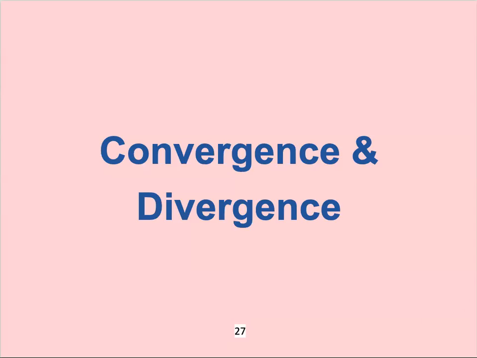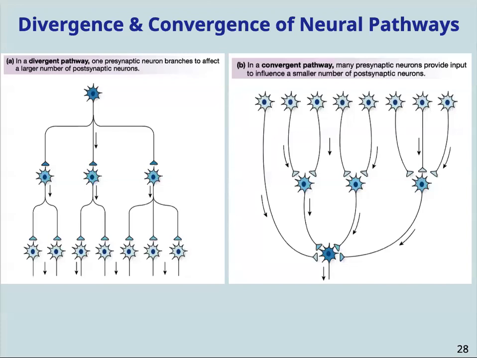Now, convergence and divergence. This isn't a new concept. As we've already seen, communication between neurons is not always a one-to-one event. Instead, we see the axon of a presynaptic neuron branching and its collaterals, or its branches, synapsing on multiple target neurons. So this sort of pathway is called divergence, a divergent pathway.